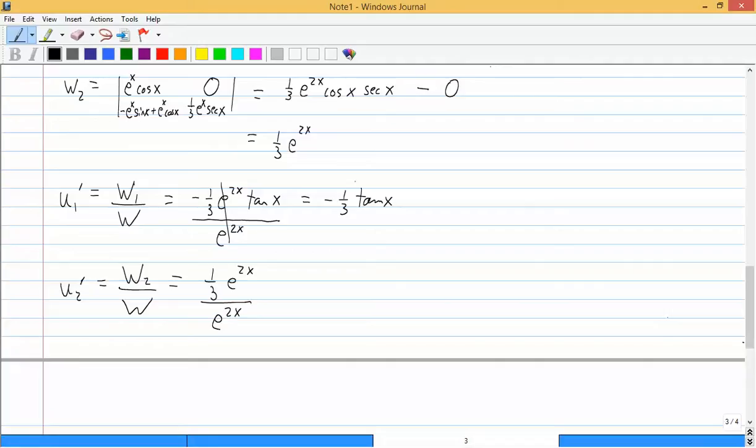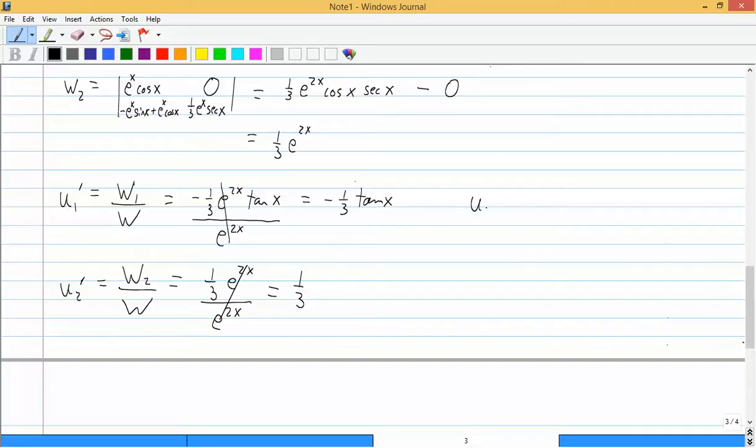So you can see that simplifies big time, and we're just left with 1/3. Now, you can see that our u sub 1 prime and our u sub 2 prime did simplify a lot.